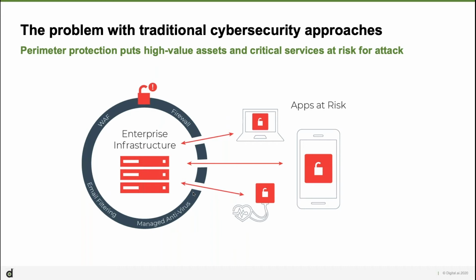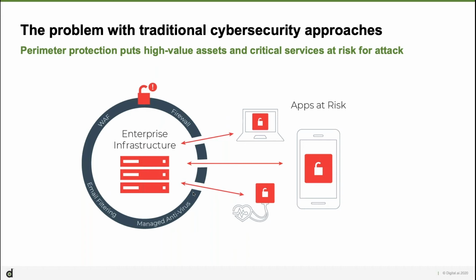And of course, you can see that the challenge there is we're allowing these things essentially through our perimeter security mechanisms, web application firewalls, our firewall itself. We're opening ports. We are disabling or otherwise bypassing rule sets to make sure that these applications can communicate inbound with enterprise infrastructure.